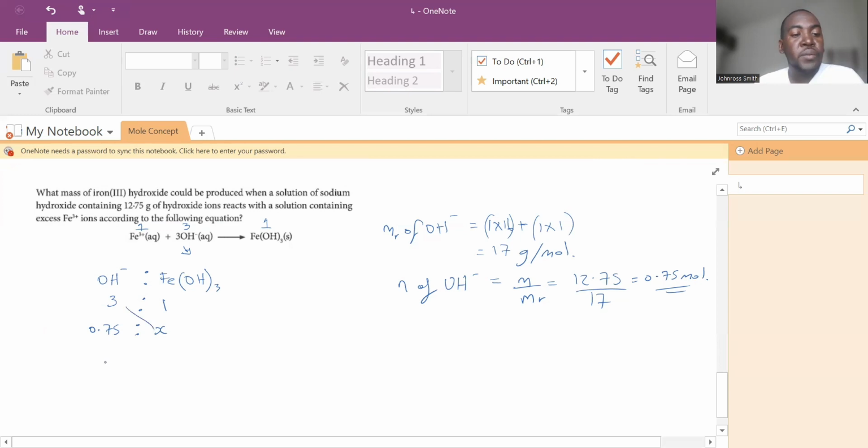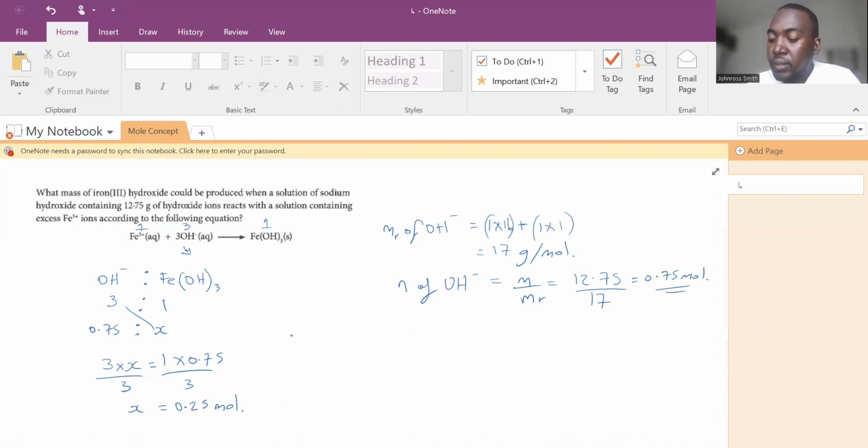So therefore, we cross multiply, that's 3 times x equals 1 times 0.75, and divide by 3. So therefore, the x would be 0.75 divided by 3. That gives us 0.25 moles of iron 3 hydroxide that was produced.